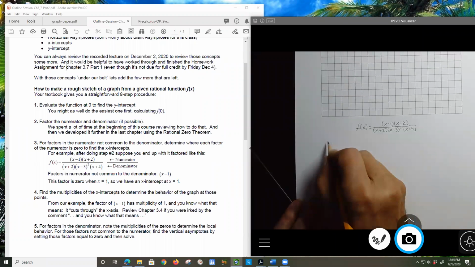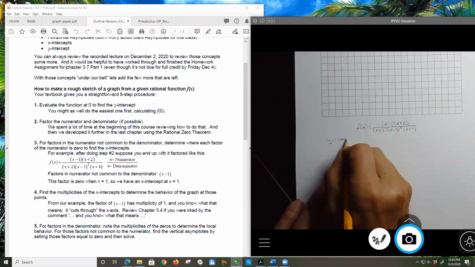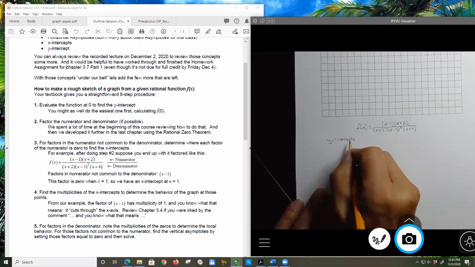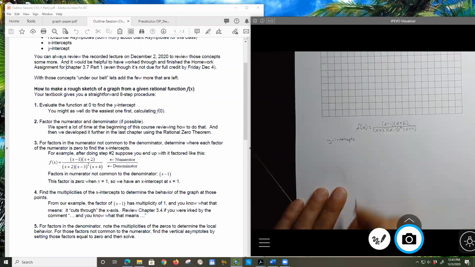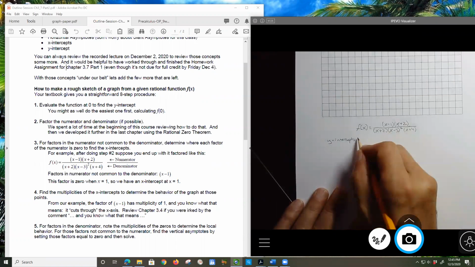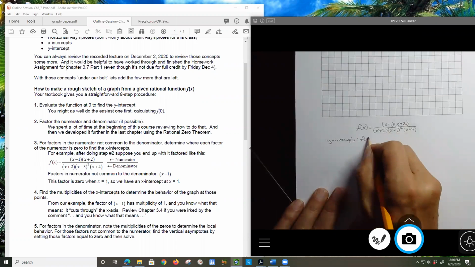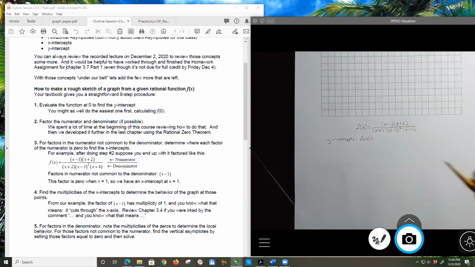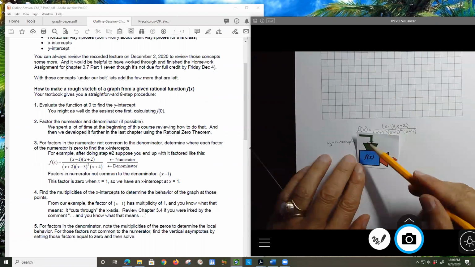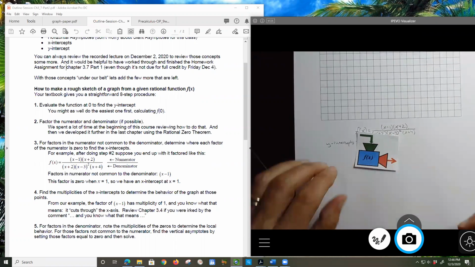Now let's do the easy part. So let's get our y-intercepts. And by the way, if you're wondering, hey, how do you even get started once you get the clues? Well, let's get all our clues together, then we'll put that together. So all I've got to do for this is find f of 0. In other words, all I'm doing is throwing a 0 in my function and seeing what spits out.